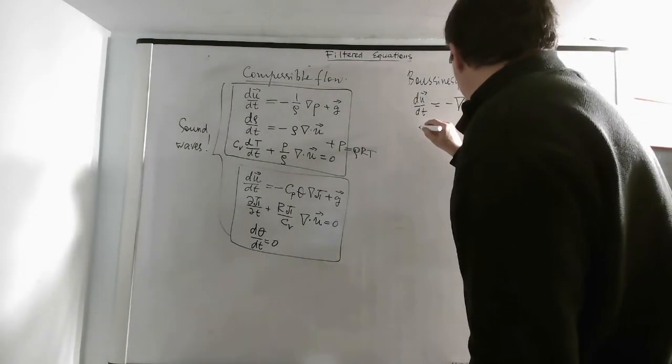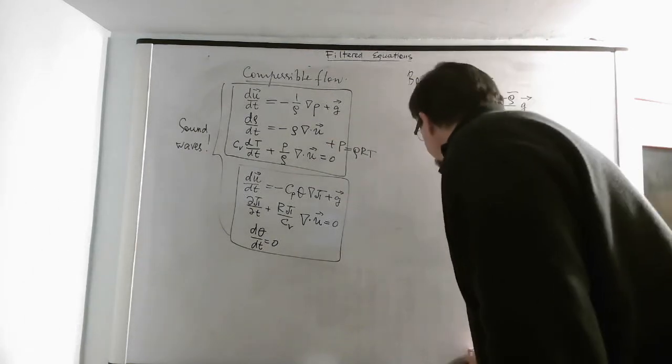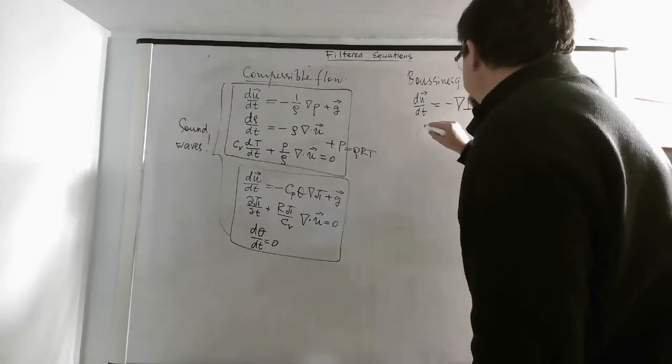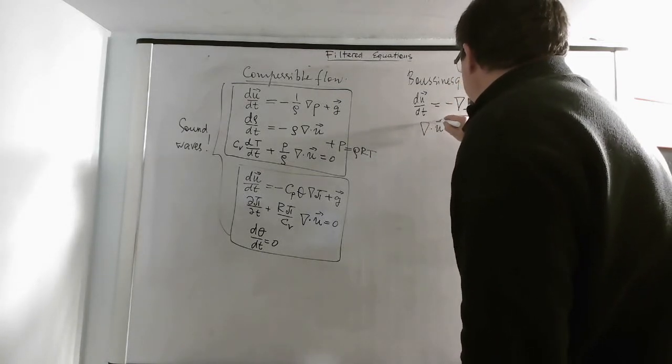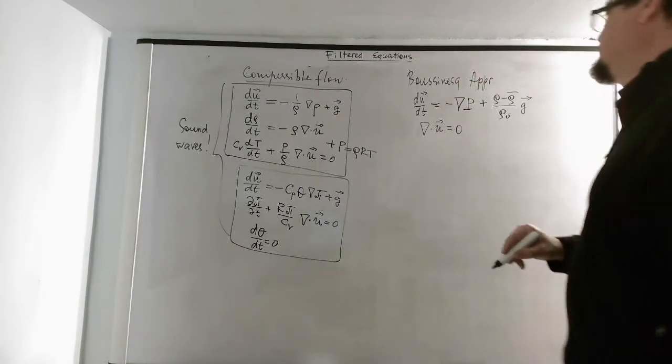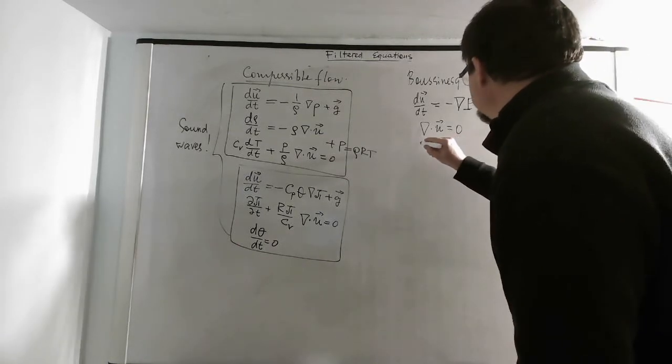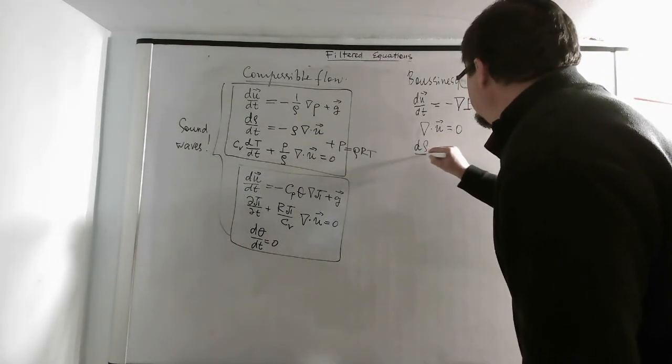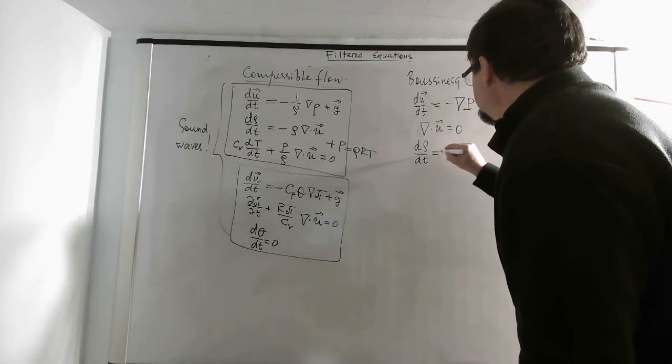And then there is the continuity equation, which in this case is just divergence of u equals 0, and the equation for buoyancy, which is just d rho dt equals 0.